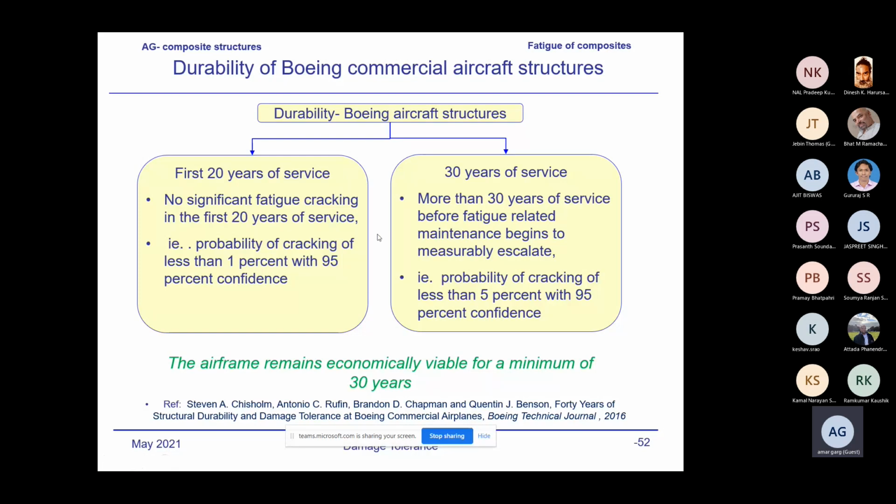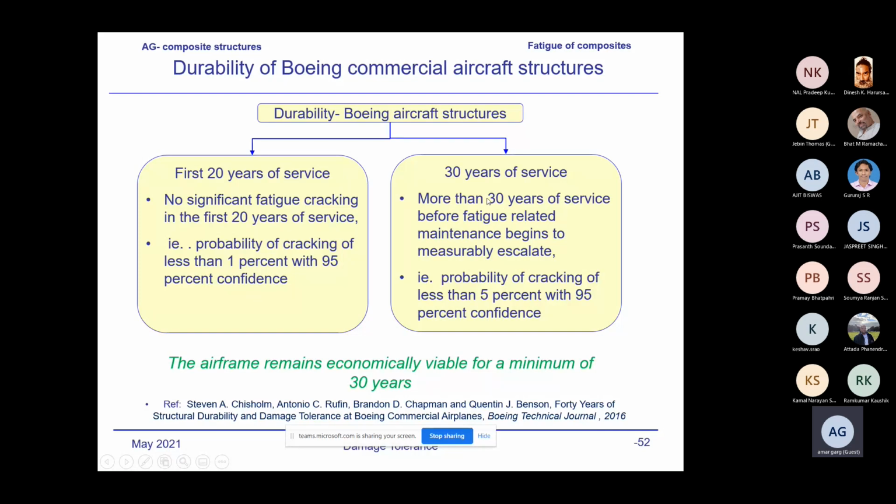For metals also, we have to demonstrate a crack-free service life, which is like a safe life. So in the first 20 years of service, no significant fatigue cracking, that is, probability of cracking of less than 1% with 95% confidence.